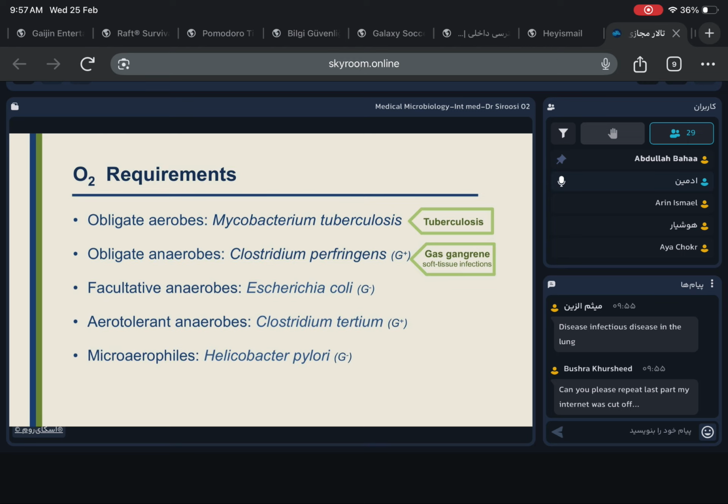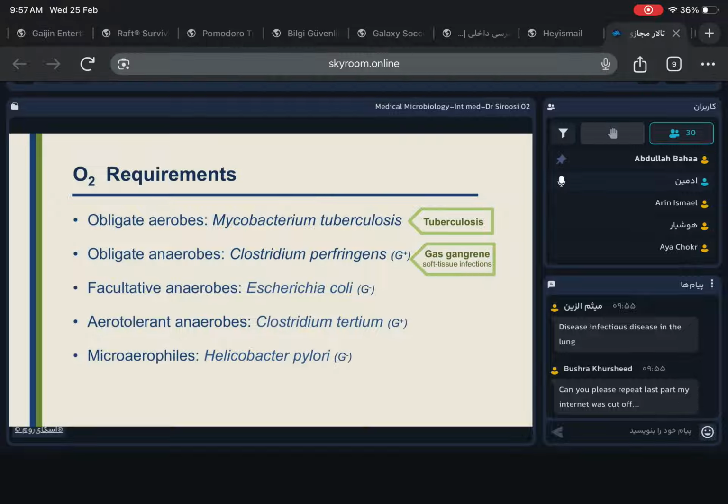Otherwise, they will die. For example, we have Clostridium perfringens here, which is a gram-positive bacterium. It causes gas gangrene, which is a type of soft tissue infection.